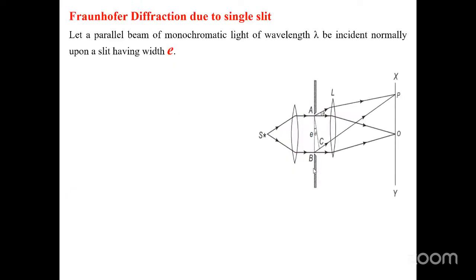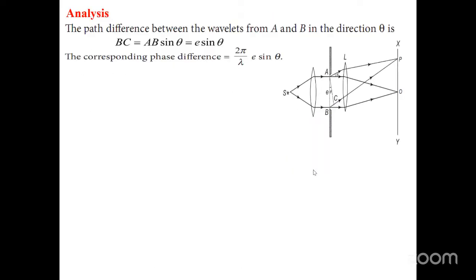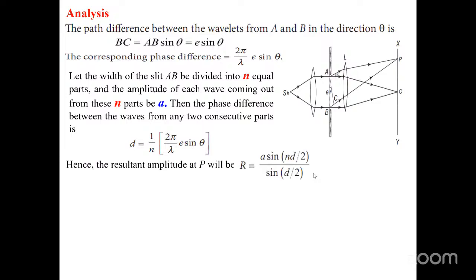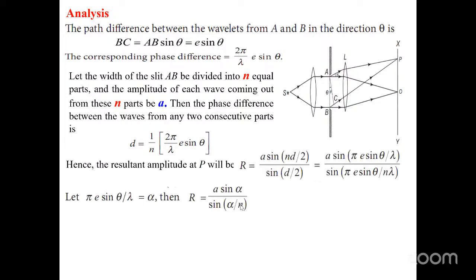This is the Fraunhofer case, we already discussed it last class. But what is the main important concept? The phase difference formula is important: phase difference is 2 pi by lambda into path difference.